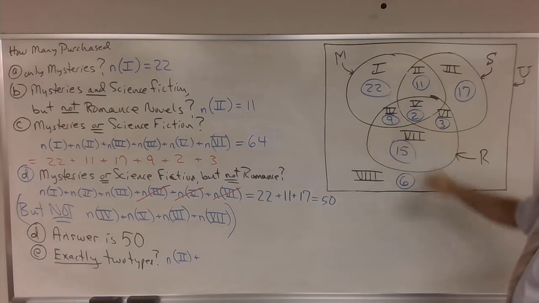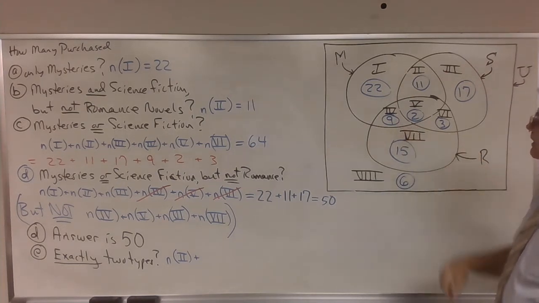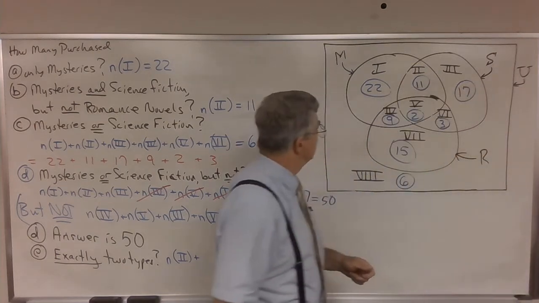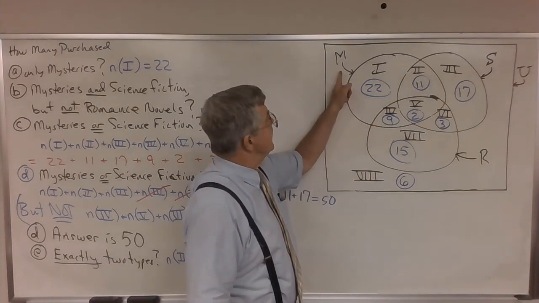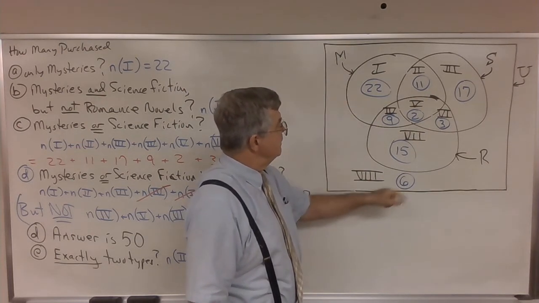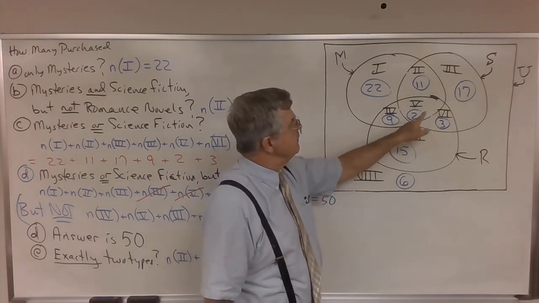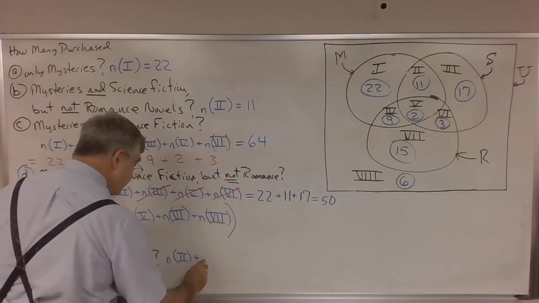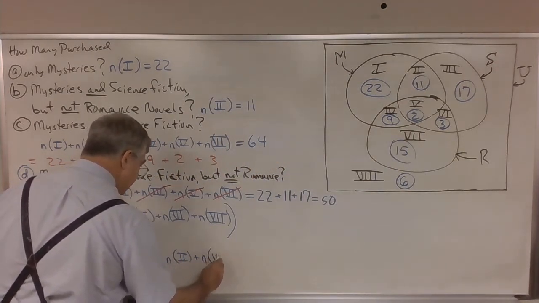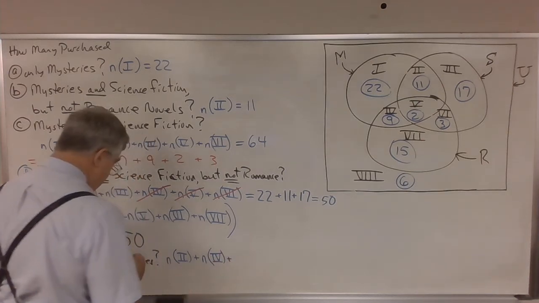Okay, region 4. What about region 4? Is region 4 contained in exactly 2 circles? It is, isn't it? Region 4 is contained in the M circle. It's contained in the R circle. But region 4 is not contained in the S circle. So region 4 is one of those. Okay.